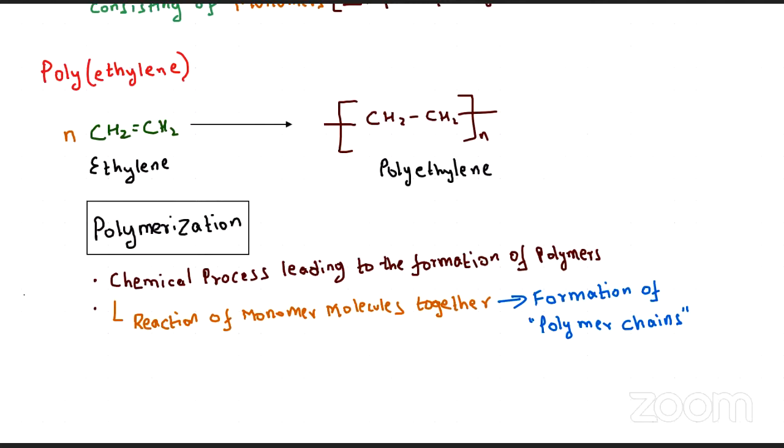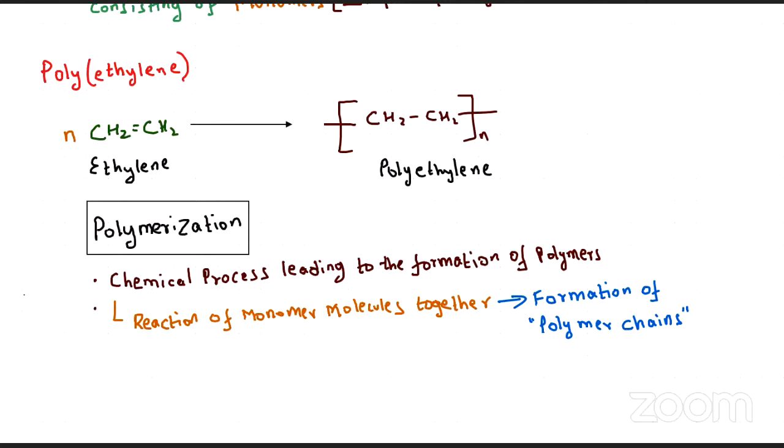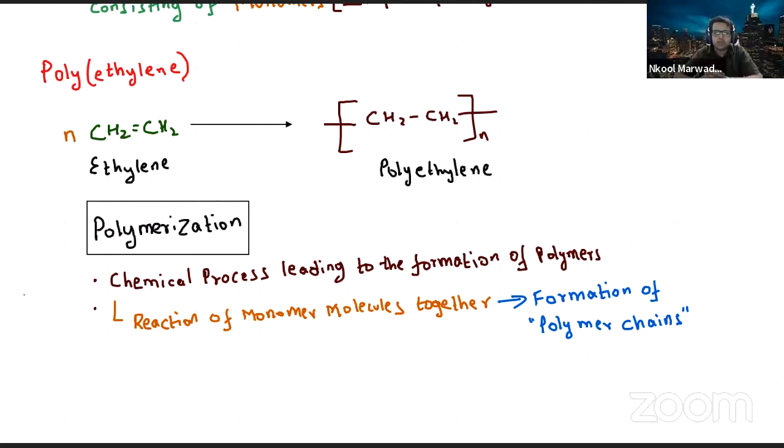And because of that bulkiness, they are insoluble in water. And rather, they are insoluble in even the strongest solvents also. It is very difficult to dissolve a polythene. So now these basic concepts, we got an idea.